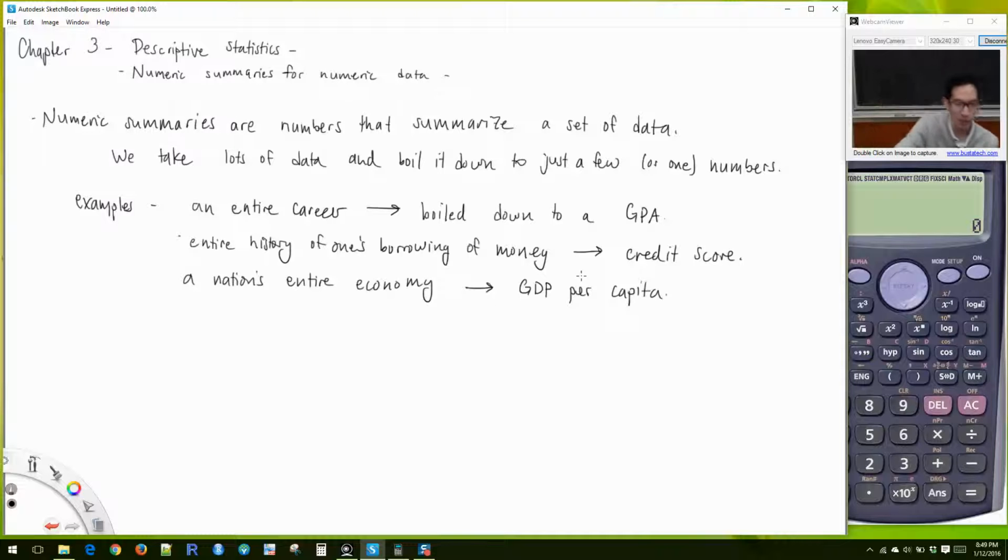Whether it's a good thing or a bad thing, okay? And so these are kind of like custom, quote, custom numeric summaries.